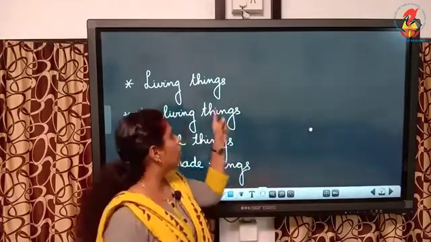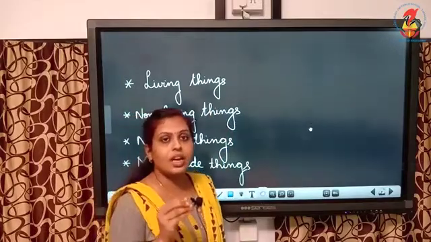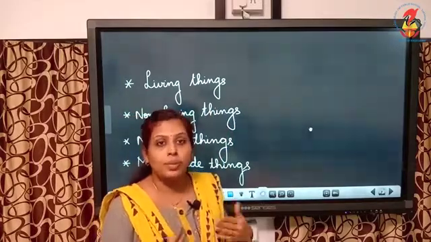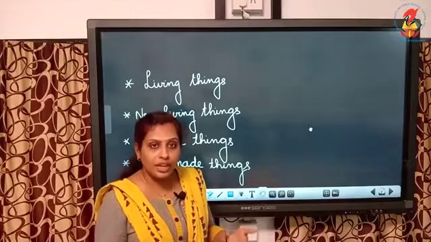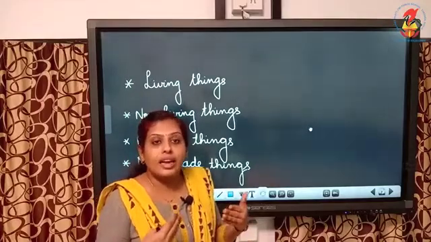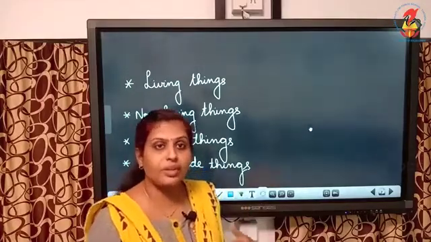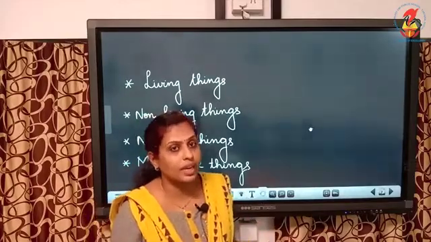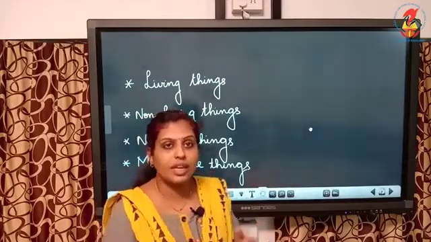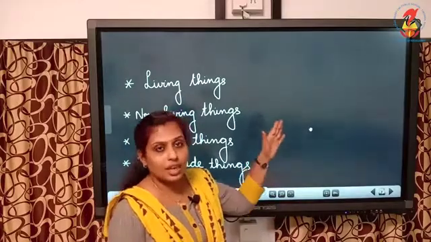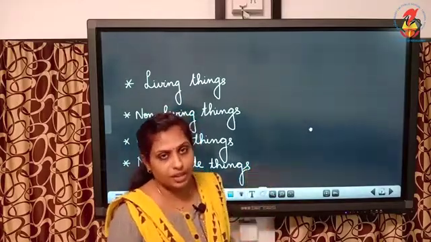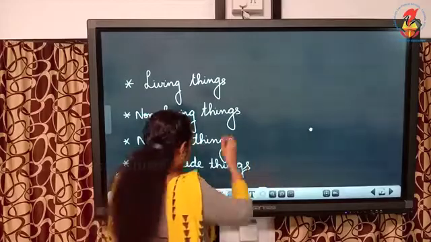Let's take first the living things. Living things are those things which can breathe, move, feel, right? Then they can respond to a stimuli, they can reproduce, eventually they will die. If all these factors are there for a thing, we call that a living thing.